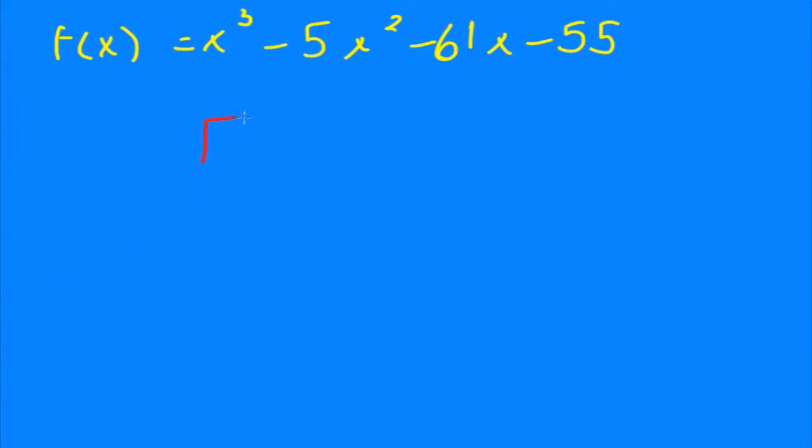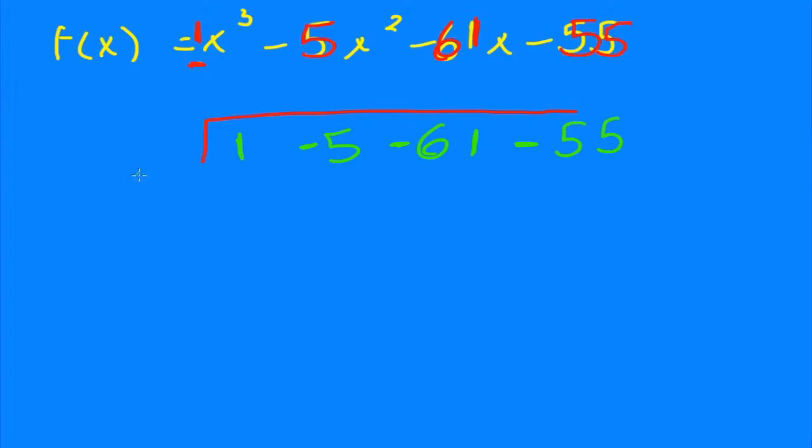You're going to open this thing right here, and then you are going to take the numbers from your function, which are 1, -5, -61, and -55.